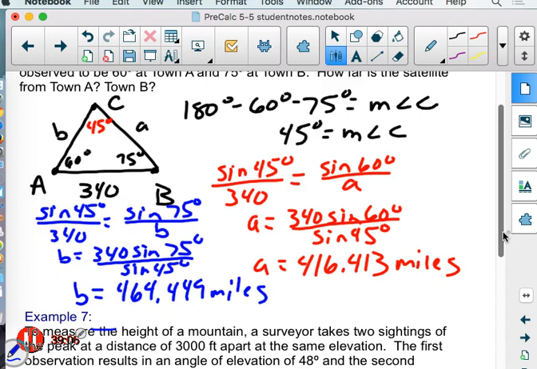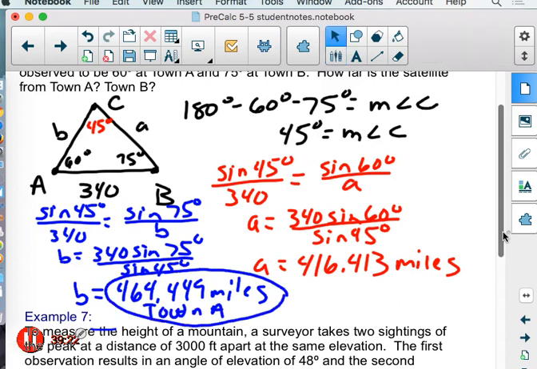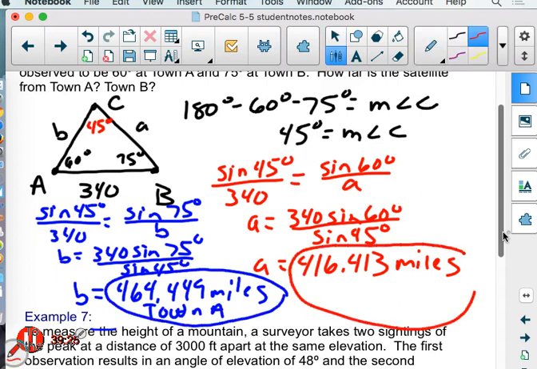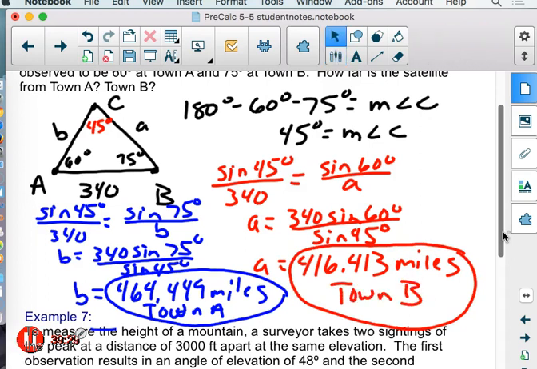Now, because this was kind of worded weirdly, we were supposed to tell them how far the satellite is from town A. That's actually B. So we would probably want to put town A right here, and town B, so that it's labeled according to what the question asks us.